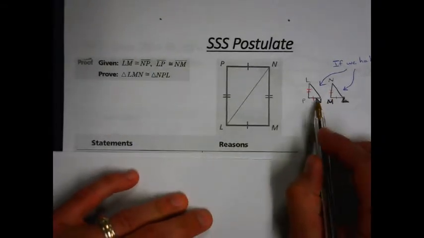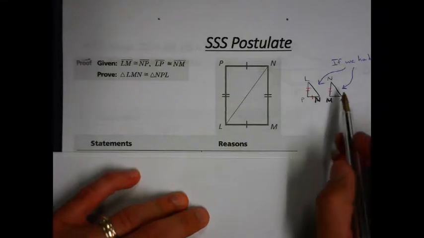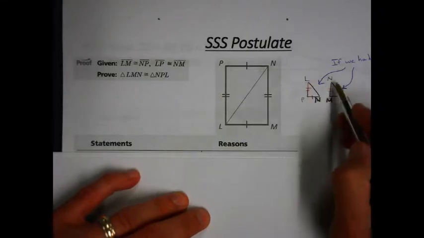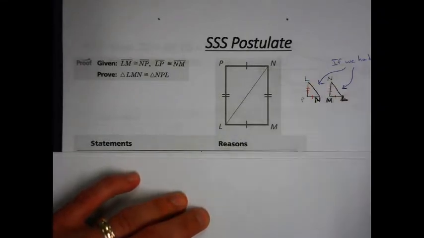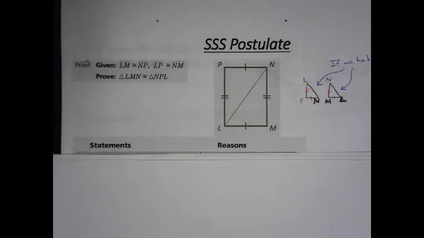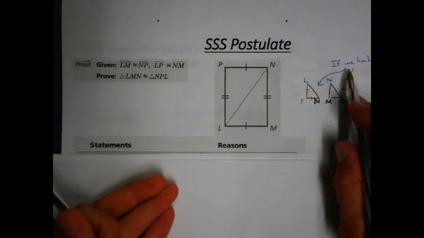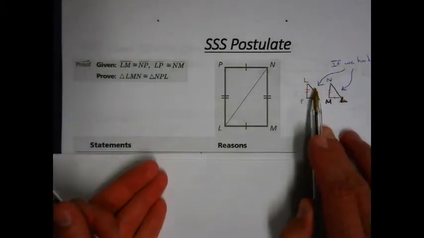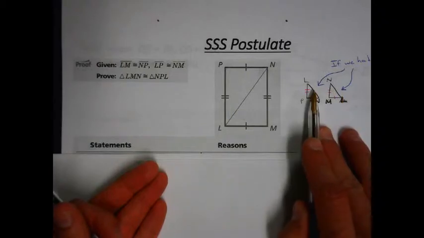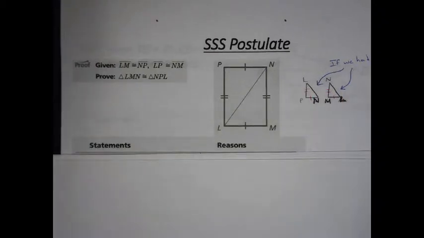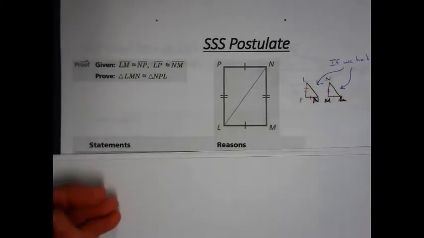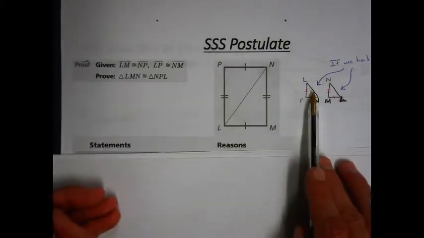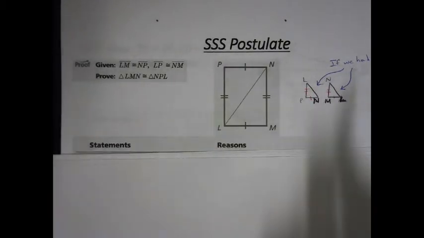I put the 1 tick there, and then we have LP and NM congruent, so the 2 ticks there. How are we going to prove these 2 congruent? Well, let's come up with a game plan. The game plan is this. If we had these third sides congruent to each other, we would have 2 congruent triangles. It's side, side, side, right? But the trick is, how in the world are we going to show that these 2 sides are congruent to each other?